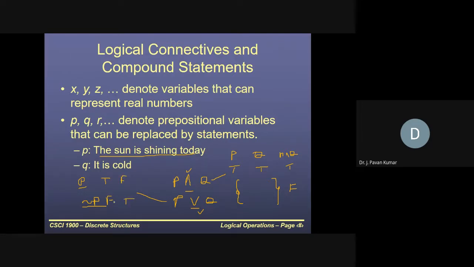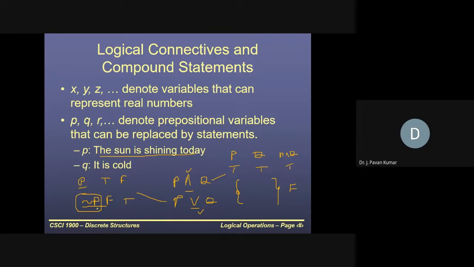So this is another logical operation that we can perform, but this negation cannot be considered a logical connective. Why? Because it is not connecting any two statements; it operates on one particular statement only. Got it? Negation cannot be considered a logical connective, but it can be considered a logical operation, a logical operator.